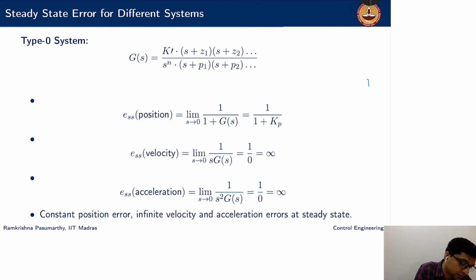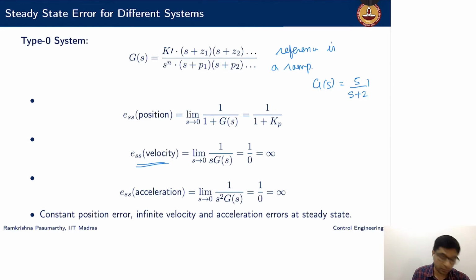Okay, now if I look at what happens to the same system when the reference is a ramp, I still do the same. So now G of S was equal to 5 over S plus 2.